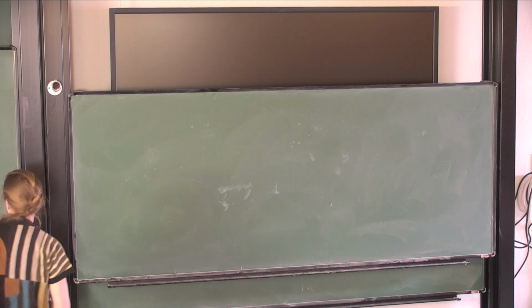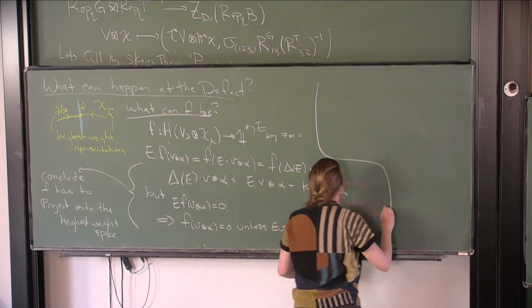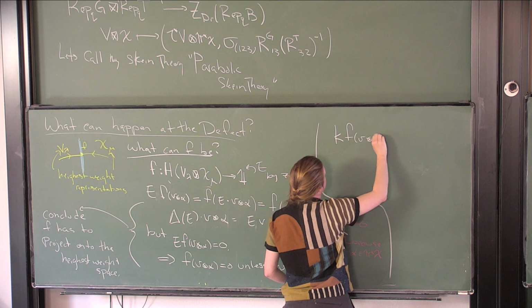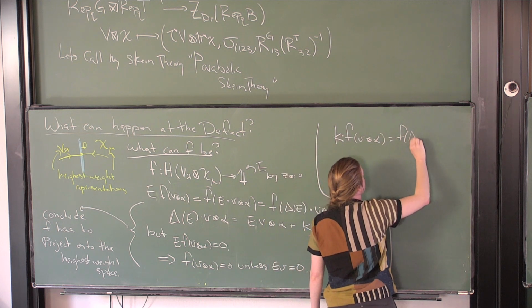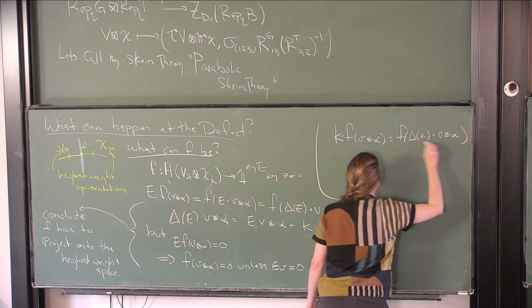What's the other part of the computation? Well, maybe I can do it here actually. I also need K of f of v tensor alpha acting like this to be f of delta K acting on v tensor alpha, like this.